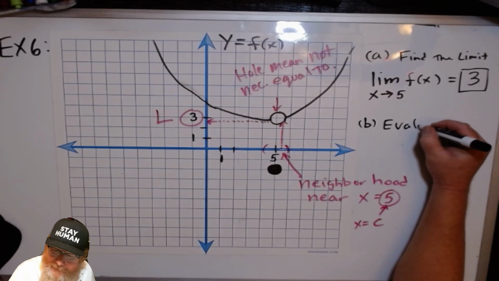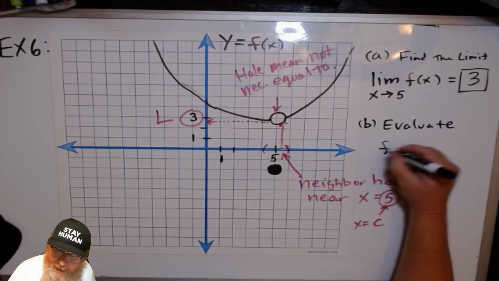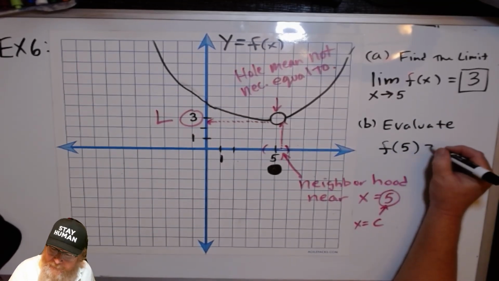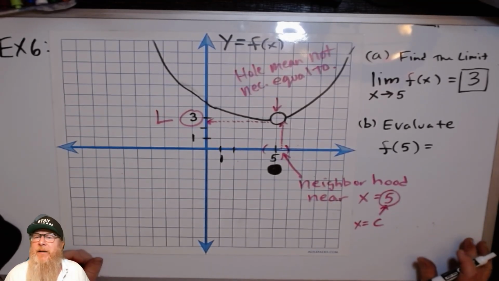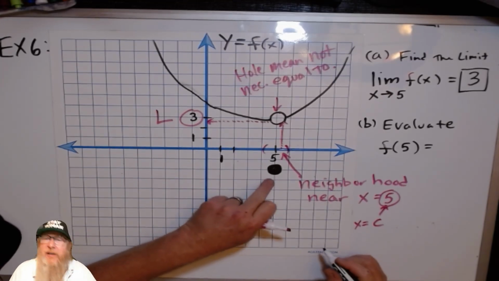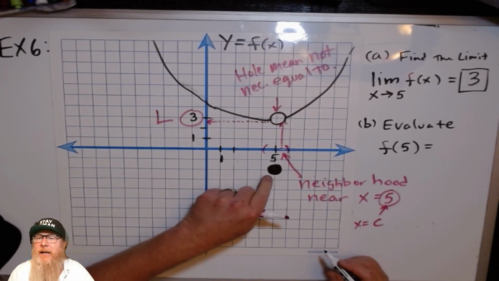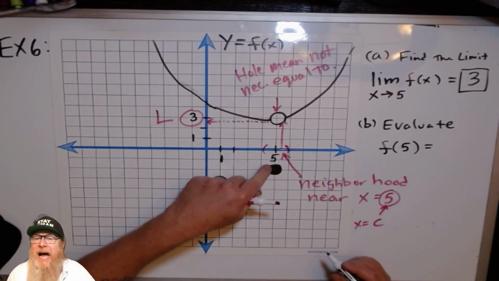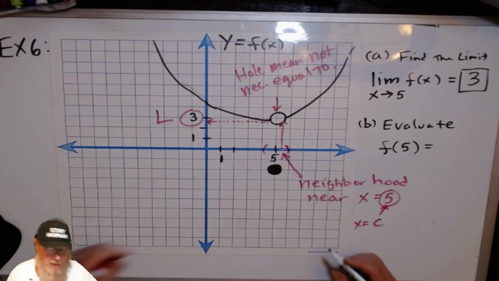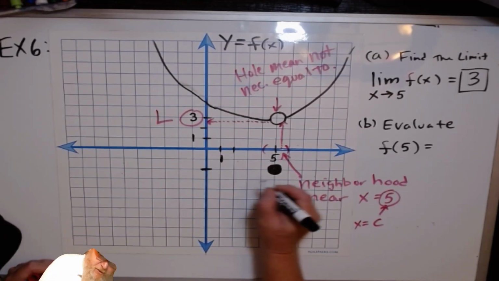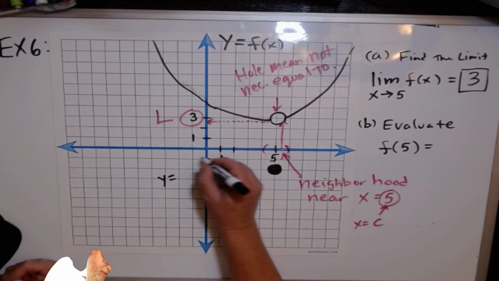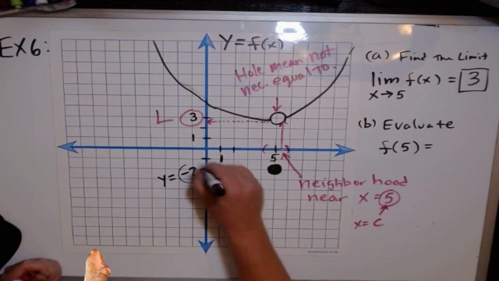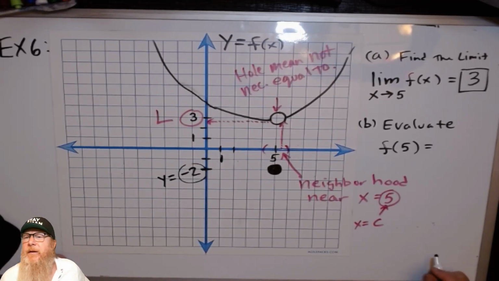Evaluate f of 5. That's different than taking the limit. Evaluating means look at the function and plug in 5. So this is your y value, and this looks like negative 2.